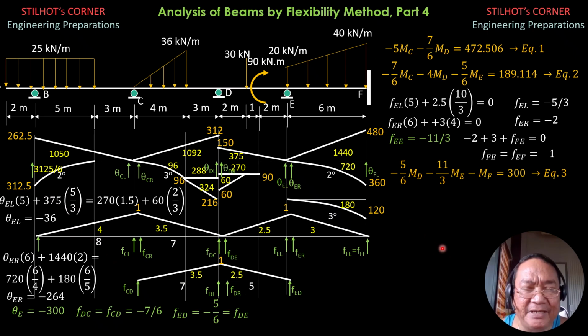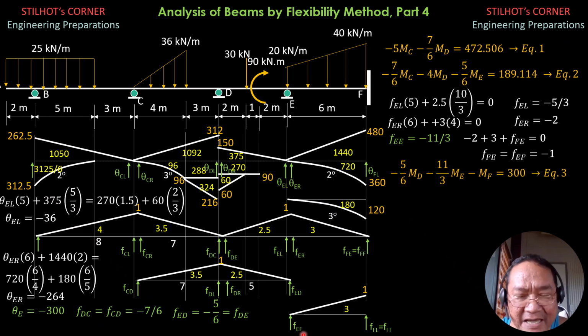Then finally, we have to solve for theta E left, which is also theta E because there's no more load, or this is the end. So this is also for the unit couple applied at F. That's the moment diagram by parts. The area is 1/2 of 6 times 1, so 3.